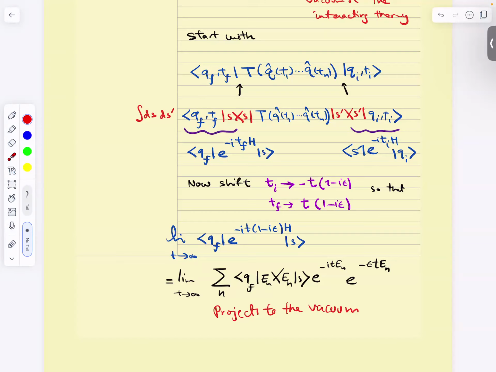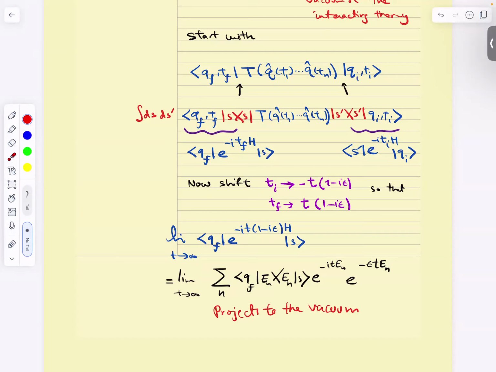The term that suffers the least suppression is the vacuum, right? So as I take this limit, I also normalize, I can pick out the contribution of the vacuum. This basically projects to the vacuum. So I'm doing that, taking the limit of t going to infinity.